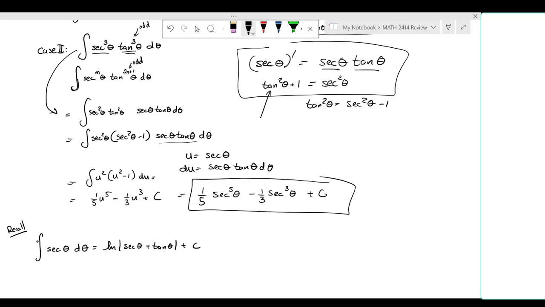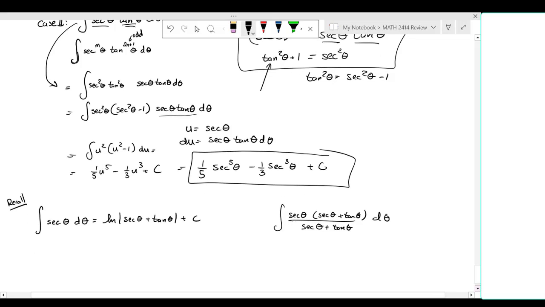You can derive it if you'd like for practice, by multiplying the top and bottom by secant plus tangent. That's not an obvious trick, something that somebody would show you. But otherwise, just memorize it.